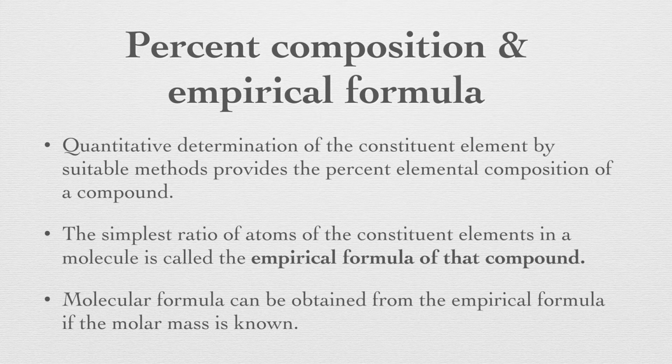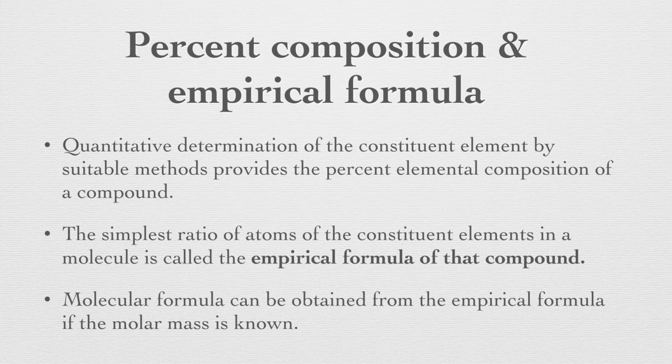If the whole percent doesn't come out to be 100, then whatever the difference is, that is nothing but the percentage of oxygen present in that compound. Once the percentage composition is known, the ratio of the atoms of the constituent elements in a molecule can be calculated. That simple ratio is the empirical formula.